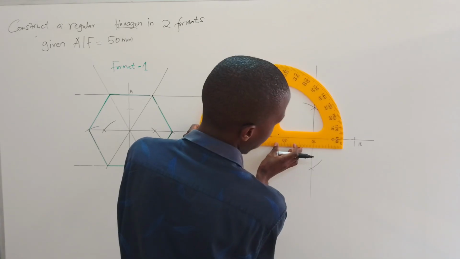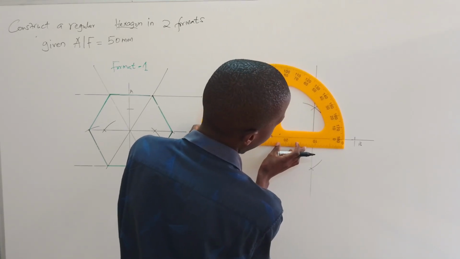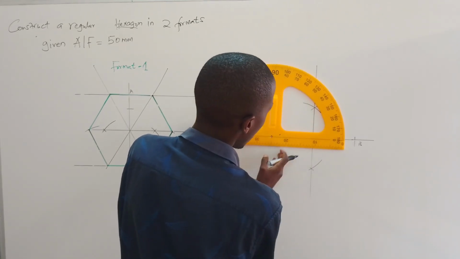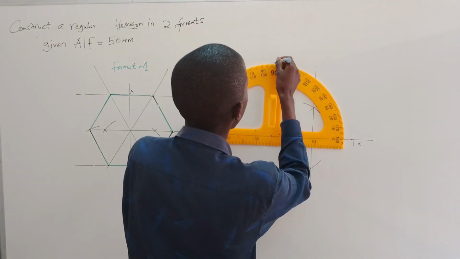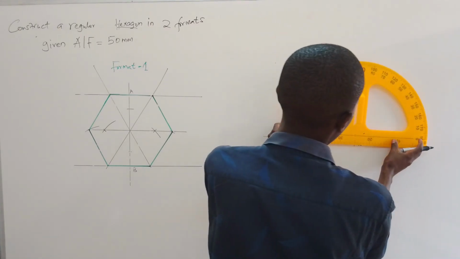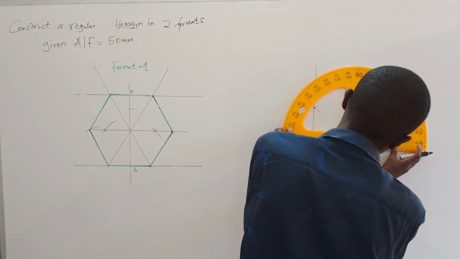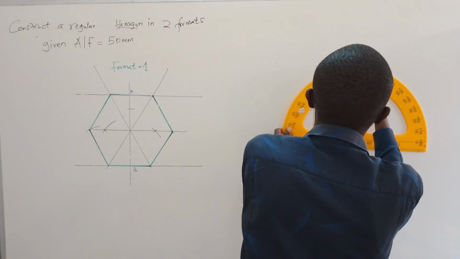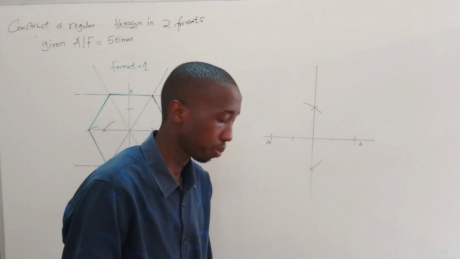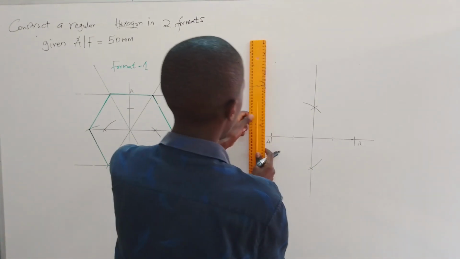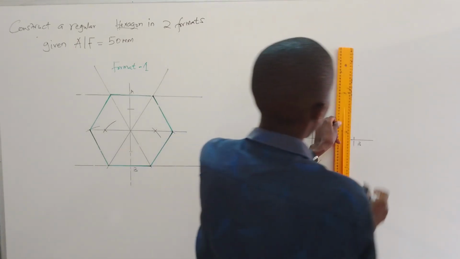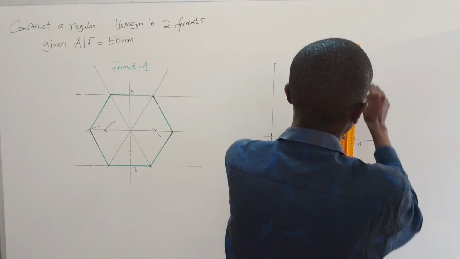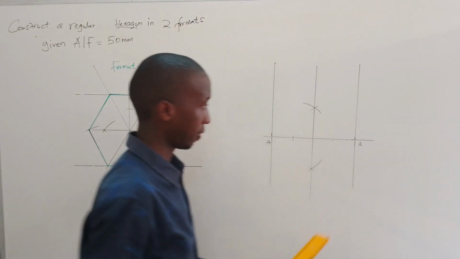You can either bisect, make an arc to produce a perpendicular line, or you just measure. So you can measure, or you can construct the angle or the perpendicular lines. Then I'll produce this coming down, then produce this coming down.